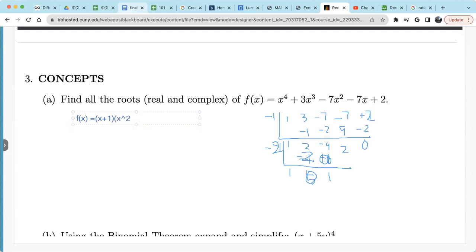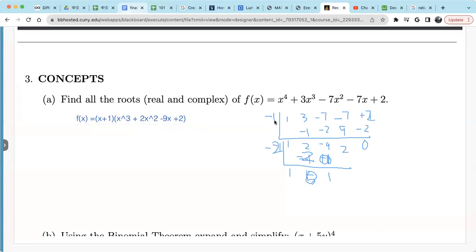I'm going to tell you where the x cubed comes from. So far, we write the equation as x plus 1 times x raised to 3 plus 2x squared minus 9x plus 2.